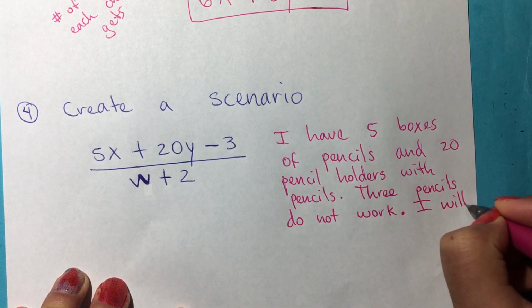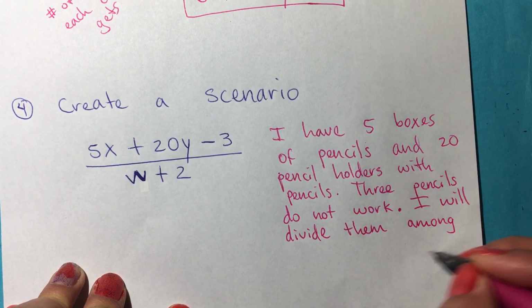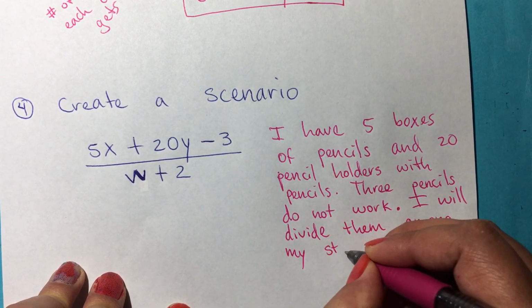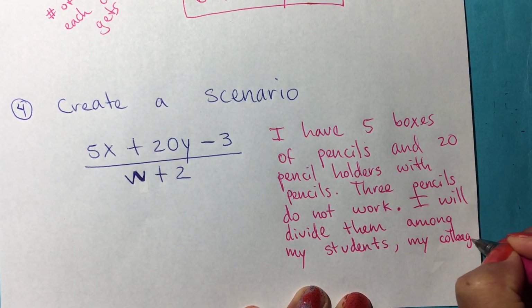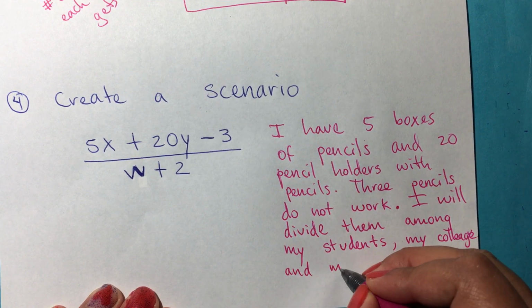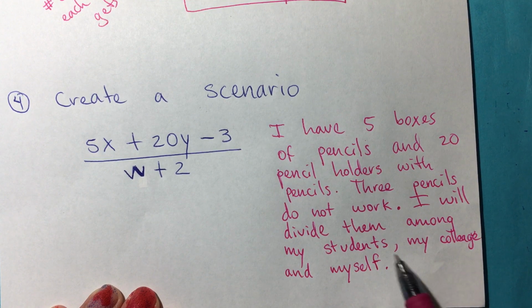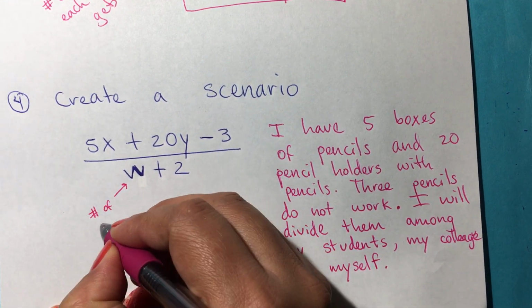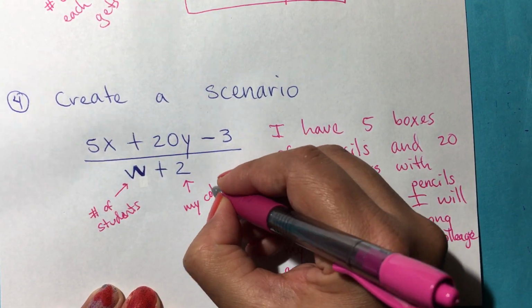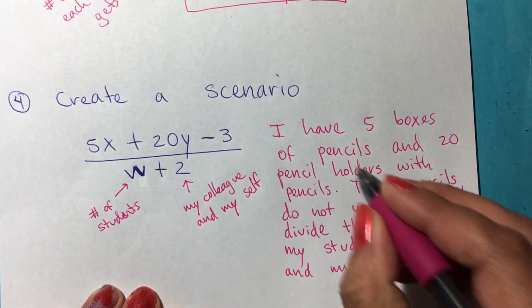I will divide them among my students, my colleague, and myself. Again, the w represents the number of students. This will be my colleague and myself. Whoops, they go together.